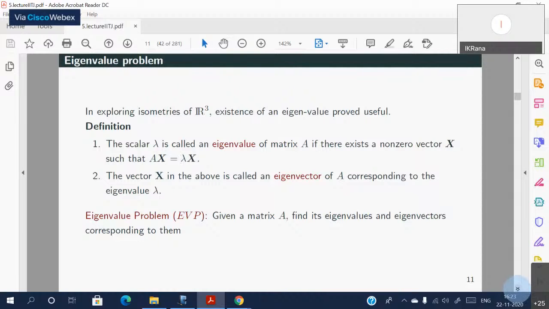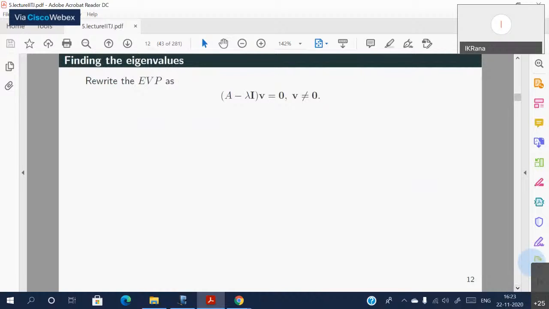So to understand this problem, let us just write that, for the eigenvalue, saying that v is an eigenvector for eigenvalue lambda is the same thing as saying that A minus lambda I applied to v is equal to 0, and v is a non-zero vector, right? Written this way, obviously it says that we have got a non-zero solution for the homogeneous system A minus lambda I applied to v equal to 0.